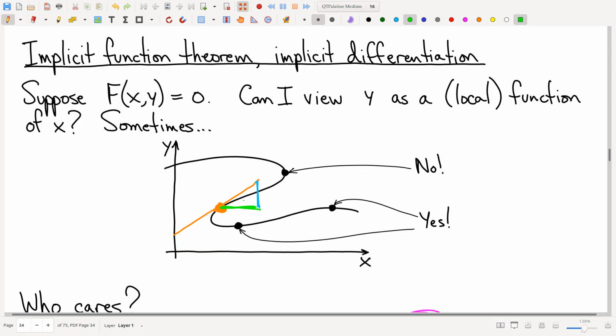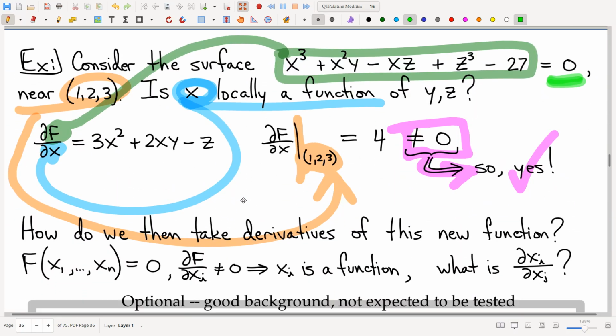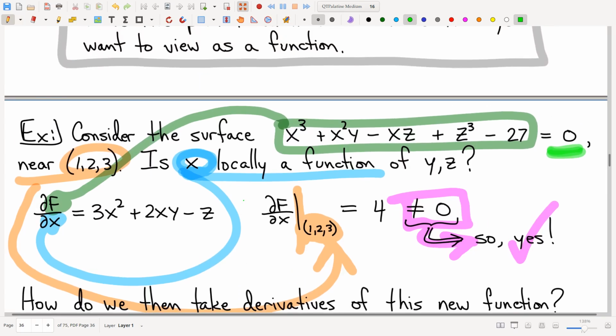Can we go back to the equation, the example? Now that you said it's locally a function, can you write the equation in terms of that? Well, in some theoretical sense, maybe.